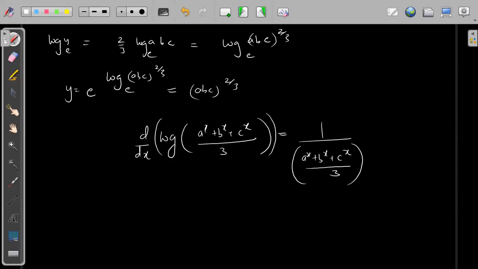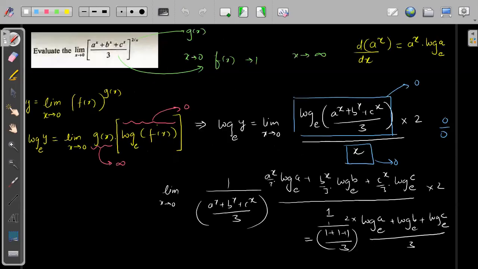So differentiation of a^x by 3, b^x by 3, c^x by 3, 1 by 3 will come as it is. Differentiation of a^x is a^x into log a base e, plus b^x will be b^x into log b base e, plus c^x log c base e. Understood now? Fine.